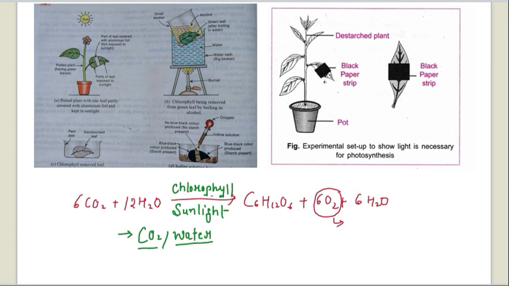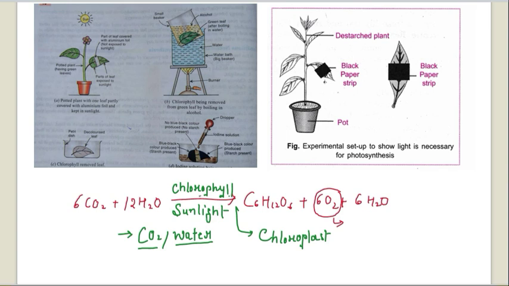Over the arrow we write chlorophyll and sunlight. Chlorophyll is present in the chloroplast of the leaves, and sunlight we get from the sun, which is the light energy. Through the sunlight we get light energy, which is converted into chemical energy through photosynthesis.